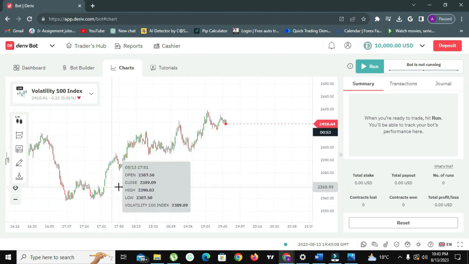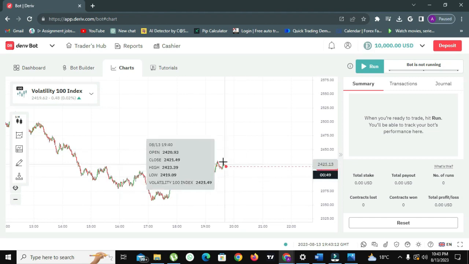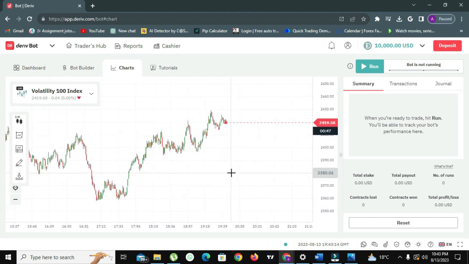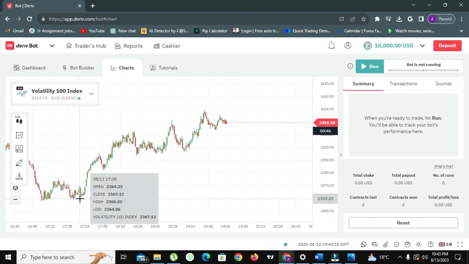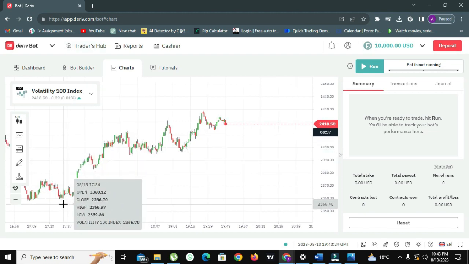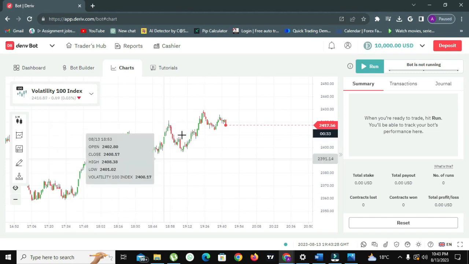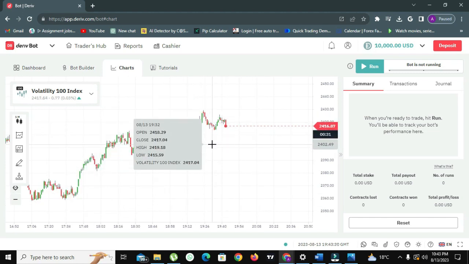Now it has already gone too far, so we don't know whether the direction will reverse. It could go up, it could go down. If it was here, for instance, you could tell whether it's going to go down.